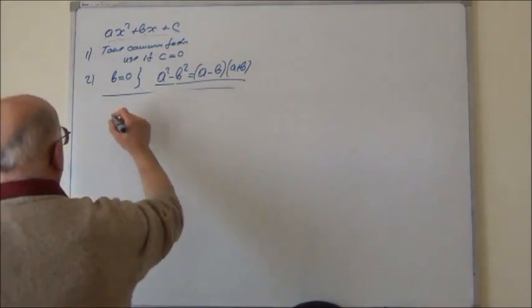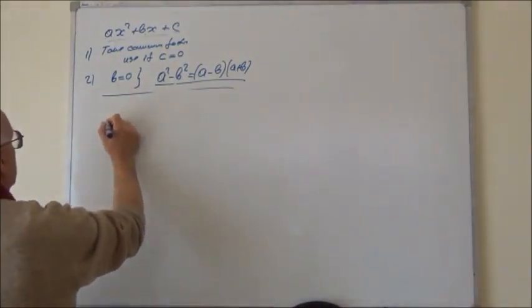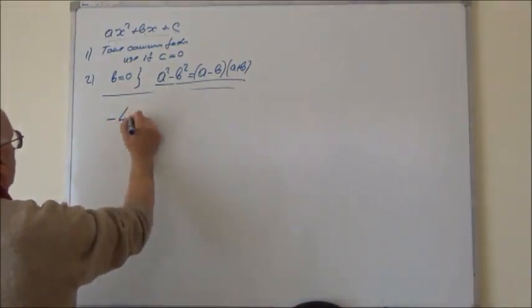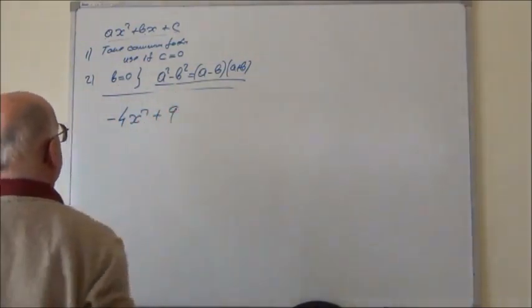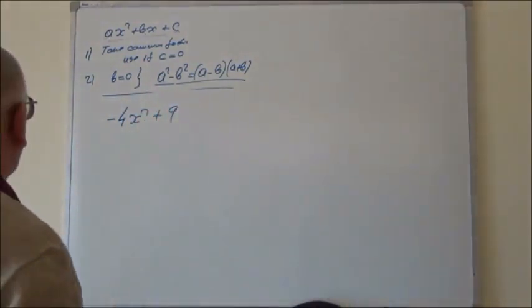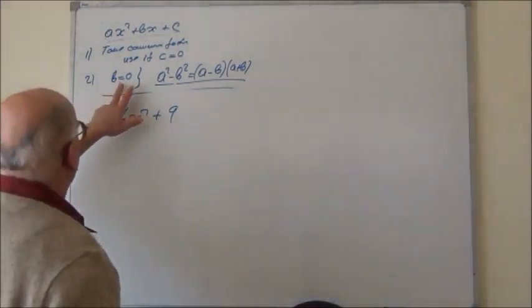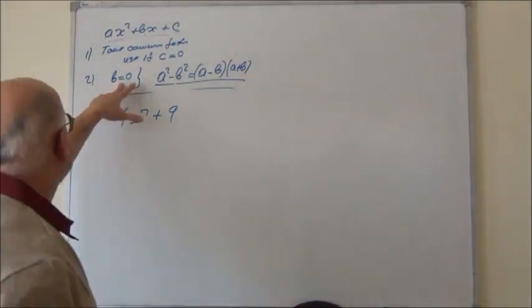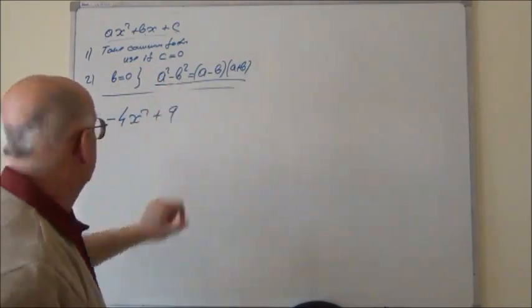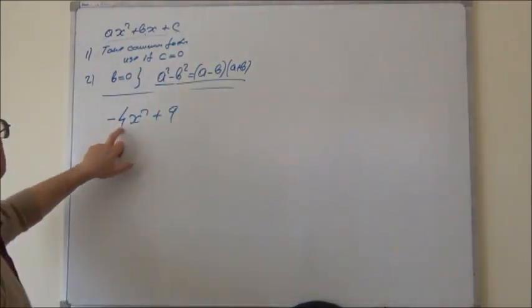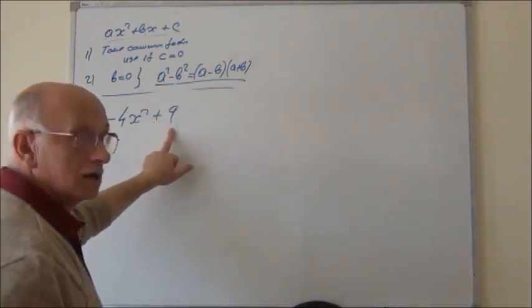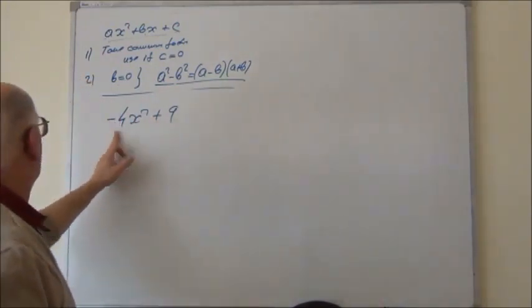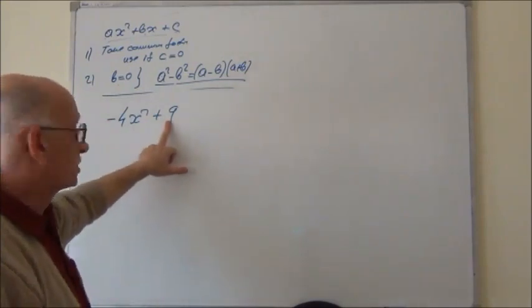Let's say another example, minus 4x squared plus 9. So again, we have a very similar, almost the same situation, but definitely the same concept we can apply. Coefficient a is negative 4, coefficient c is positive 9, so one coefficient is negative, another one is positive.